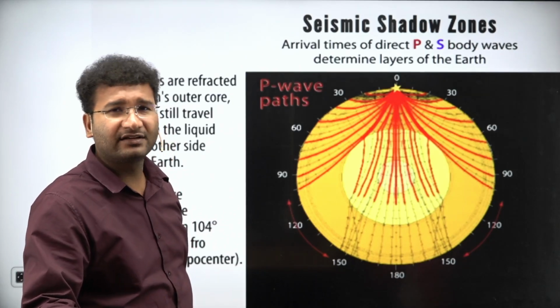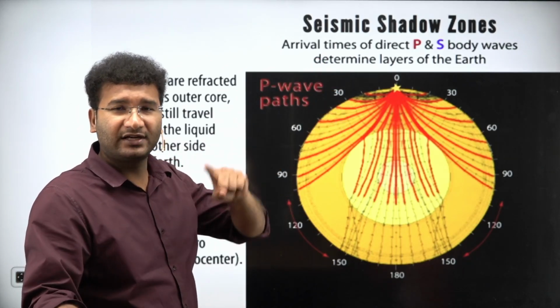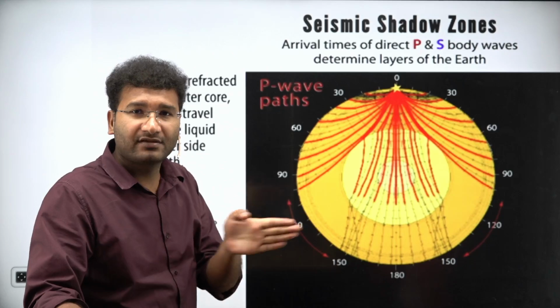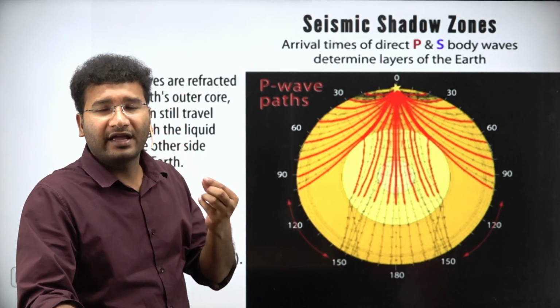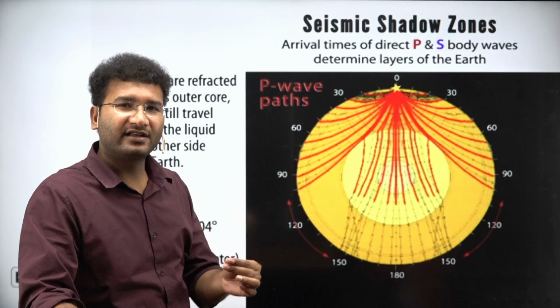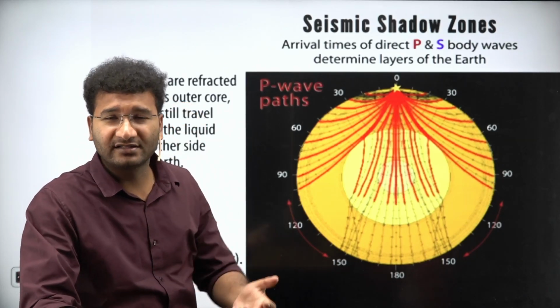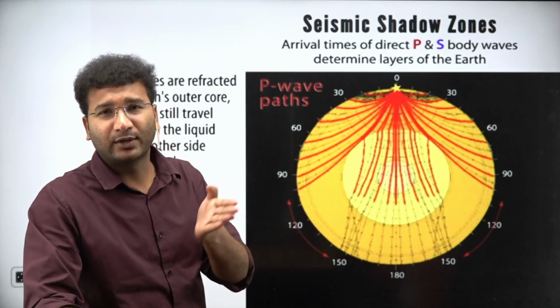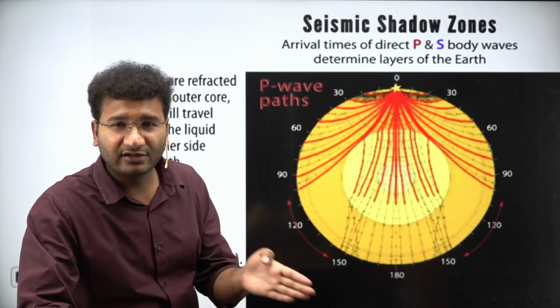And one more interesting fact here is that as the P wave passes from a solid layer to a liquid layer, the waves bend, their direction changes. That means any wave, when moving from a high density material to a lower density material, or from a lower density material to a higher density material, maybe from water to a solid, or solid to water, will be deflected to an extent.